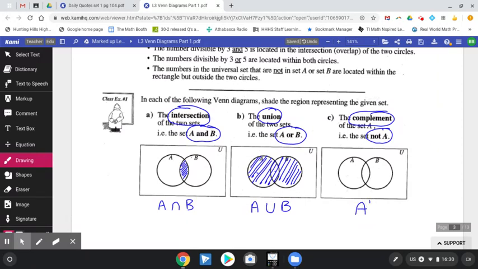So I'm going to shade in everything that is not A. So everything that's on the outside of circle A is the complement of A.